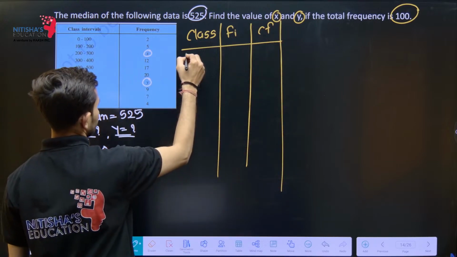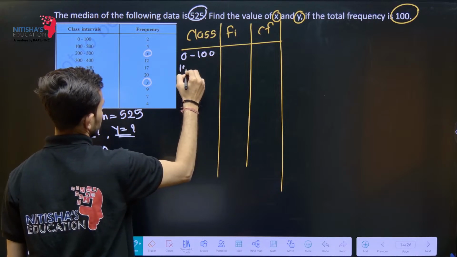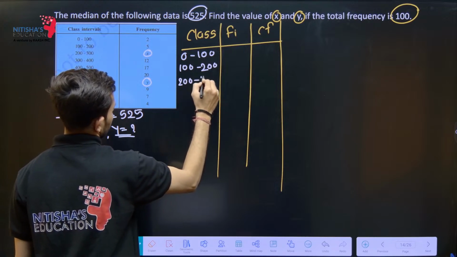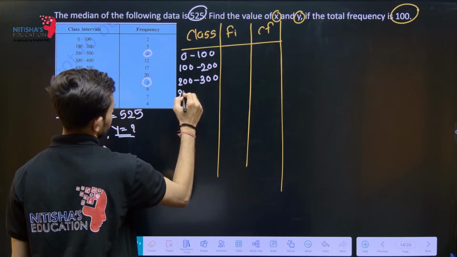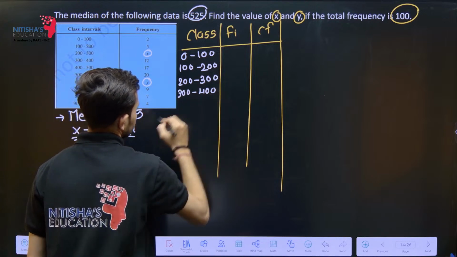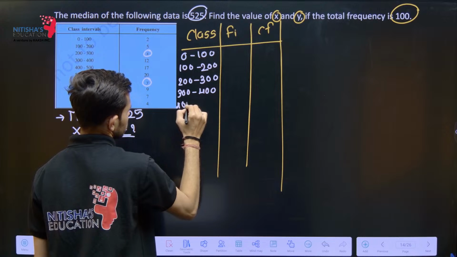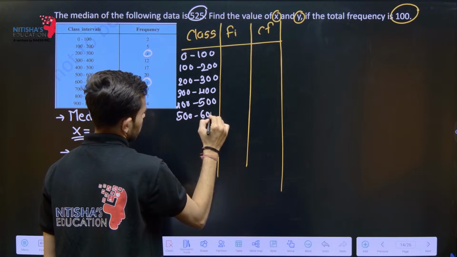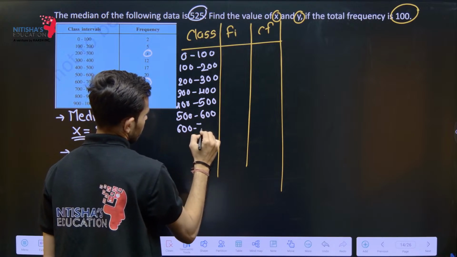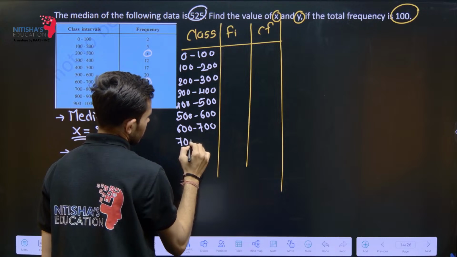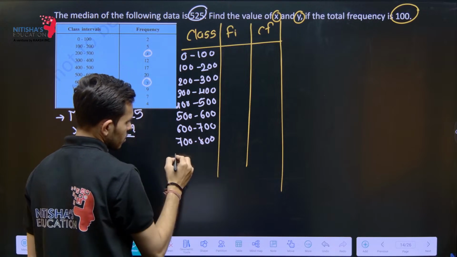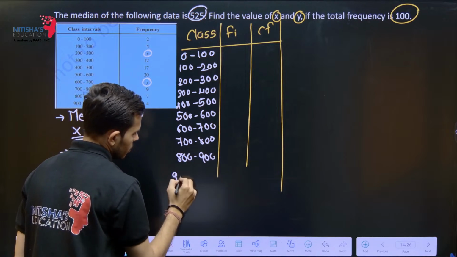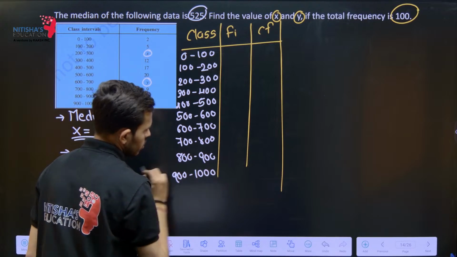The classes are 0 to 100, 100 to 200, 200 to 300, 300 to 400, 400 to 500, 500 to 600, 600 to 700, 700 to 800, 800 to 900, and 900 to 1000.